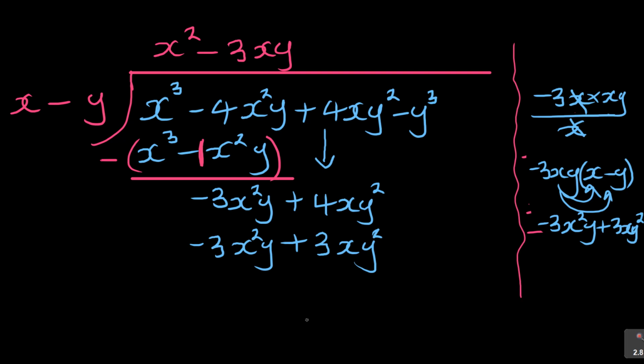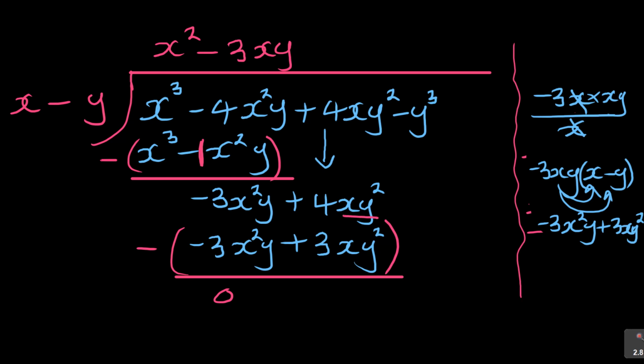It's not coincidental that you see these things matching, because it means you're doing the right thing. What do you do next? You rule off, then you put a bracket, and then you subtract. This one will always give you a 0. It's minus 3x squared y minus, so it's plus. So it's minus plus, you see? So it will always give us a 0 here. So we put a 0. Then we say 4xy squared minus 3xy squared.